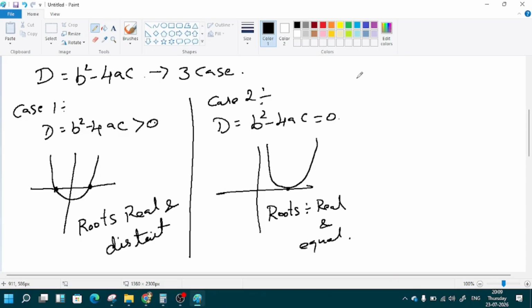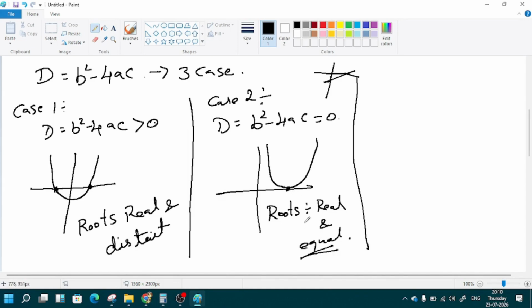Here you can't say this quadratic equation has one root, because one root means the graph should be a straight line like this. Then it is no more a quadratic equation, it's just a linear equation. So here the two roots are equal.